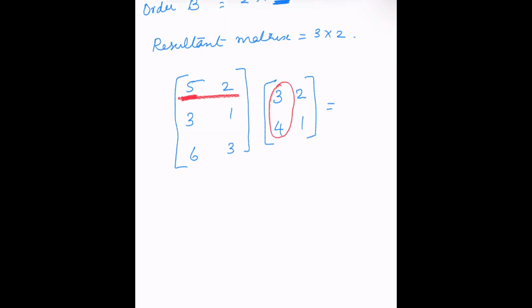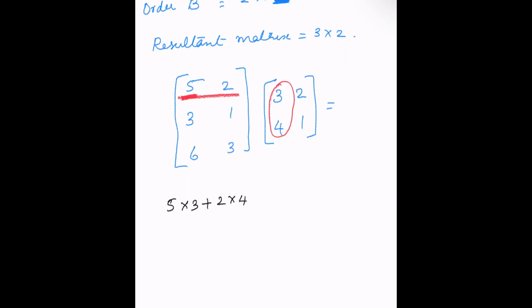What I'll do is 5 multiplied with 3, then I add 2 into 4. This becomes the first element of the resultant matrix. What did I do? I just multiplied 5 into 3 plus 2 into 4.